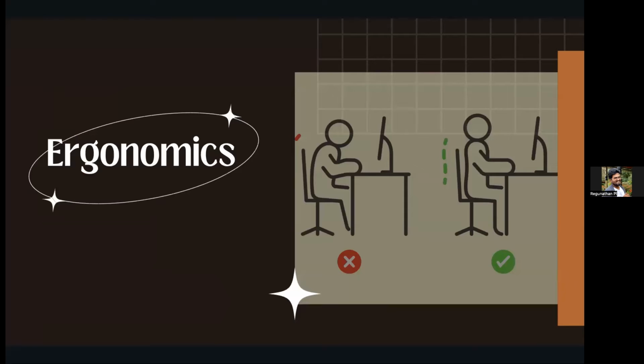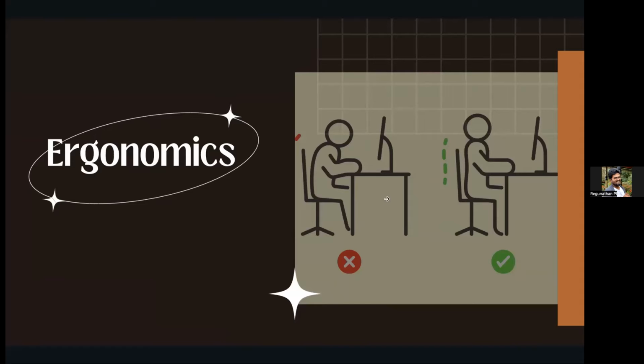Those kinds of standards have already been introduced for the physical human body, but in terms of human computer interaction, we also have standards from ISO, standards from the W3C, and so on.